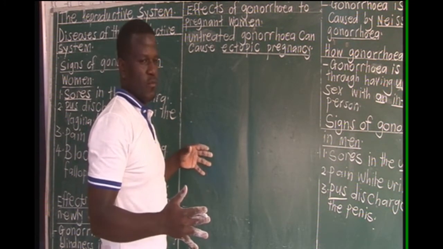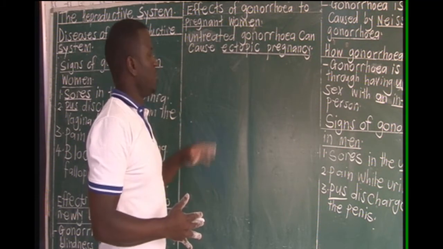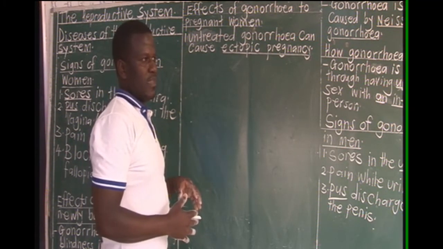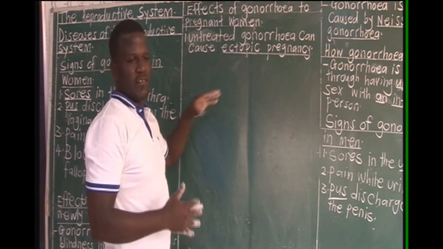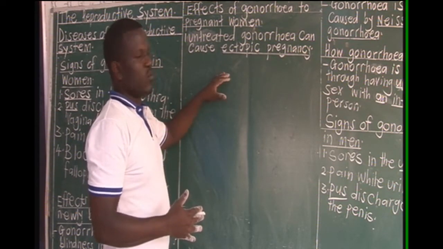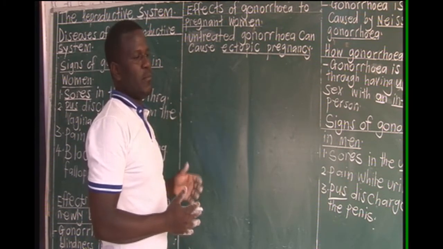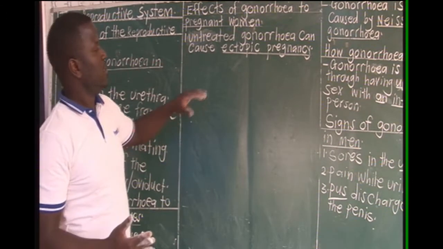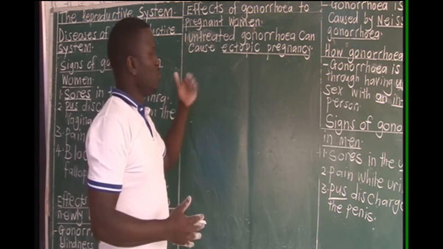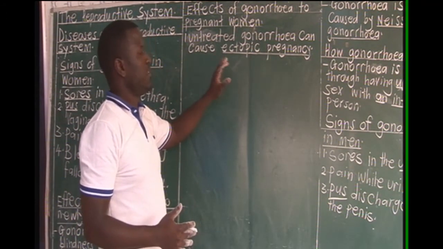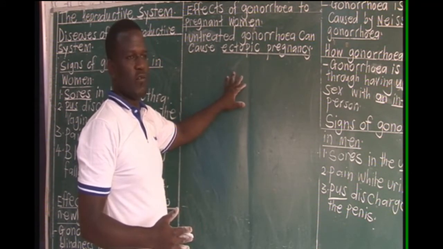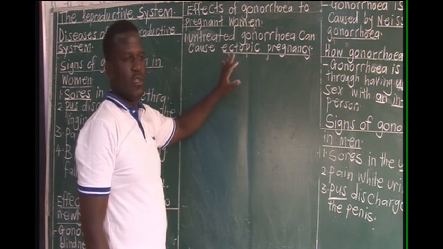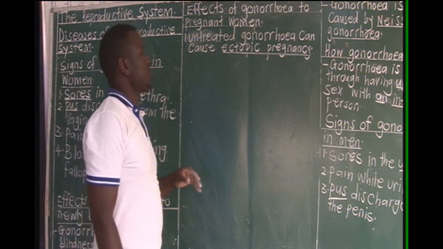Because the fallopian tubes are small and tiny, you don't have enough space to accommodate the growing embryo. That's why it goes to the uterus for implantation. But if it remains there and keeps growing from there, then that type of pregnancy is called ectopic pregnancy.